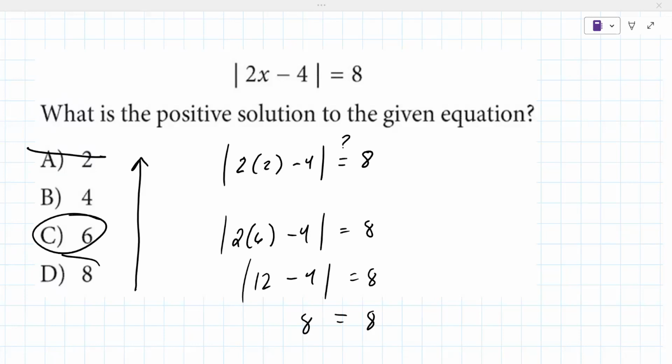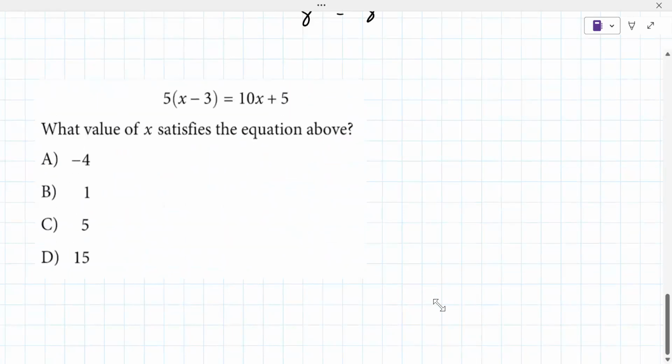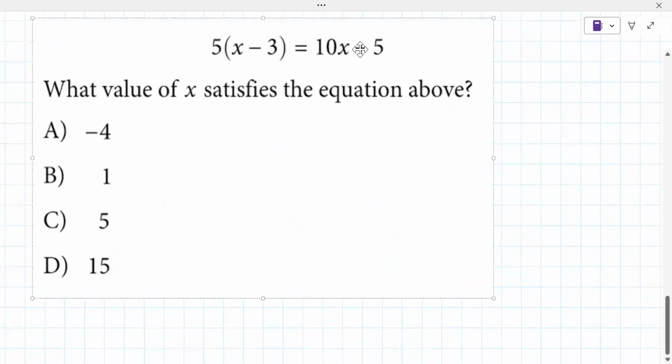Now, one of the things you should notice here is that you only had to substitute in one time. If you had to substitute in 2 times, that may change how you decide to do this. Here we've got an example problem like this, where you need to substitute in for X on the left and X on the right.